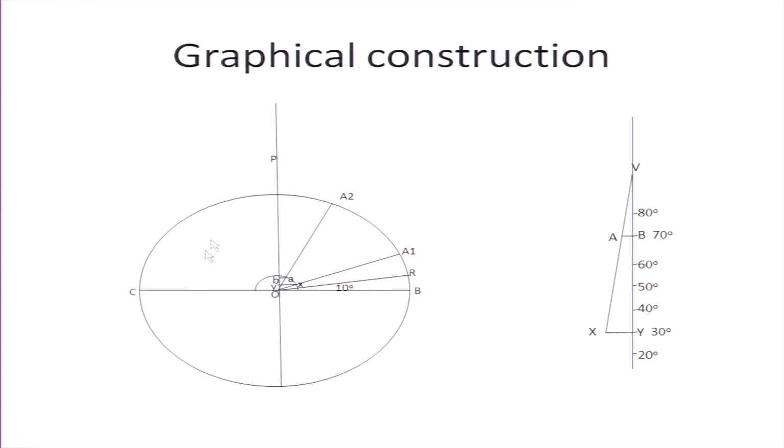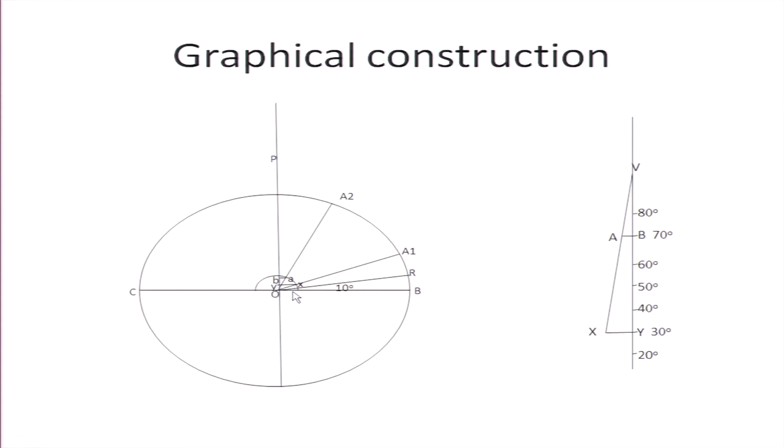After drawing the circle of 10 inches radius, we draw an angle ROB equal to 10 degrees, because this is needed in the previous projection also. While studying conical projection with one standard parallel, we did this: this would be the distance between the parallels along the central meridian, this arc RB distance.